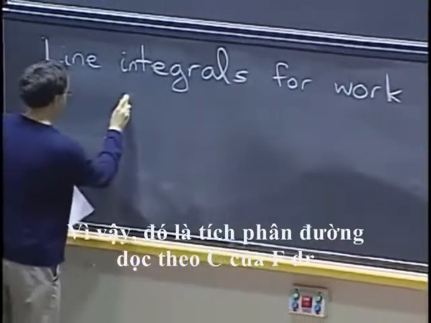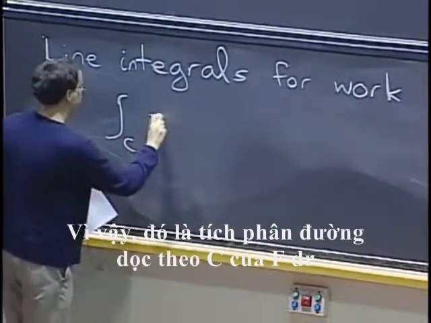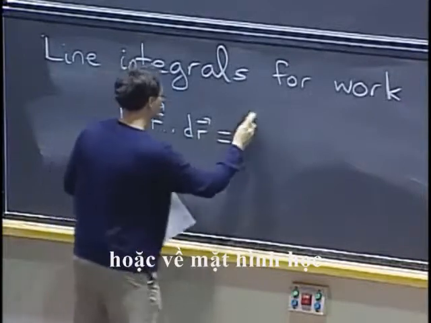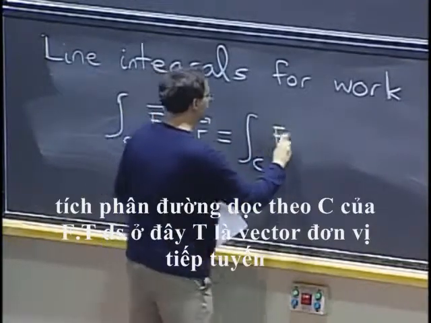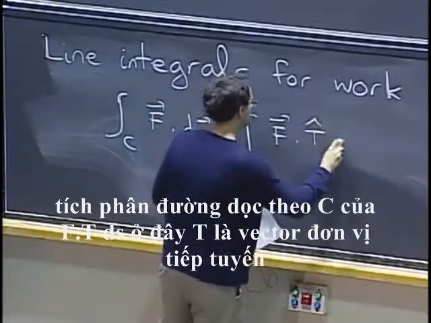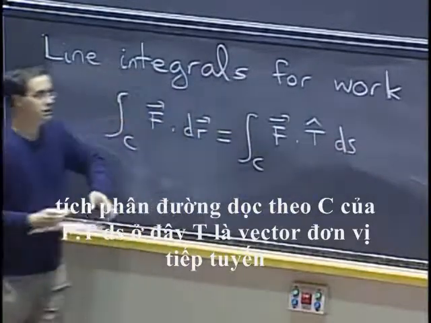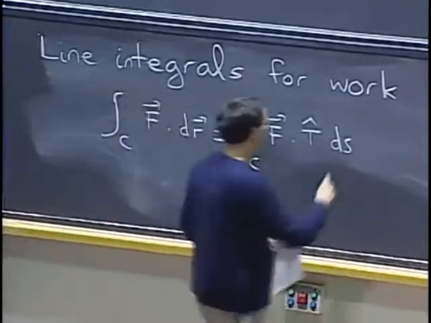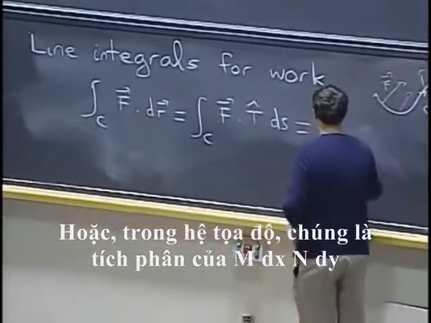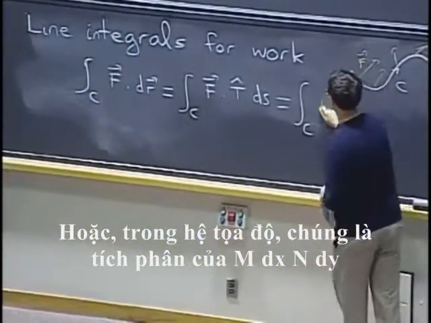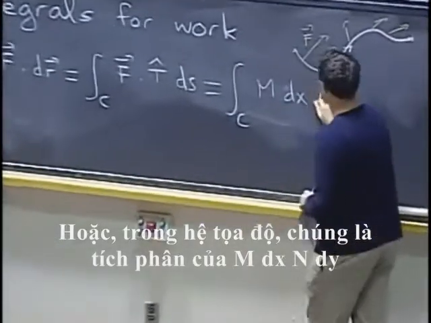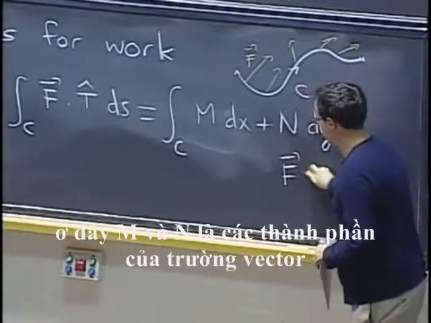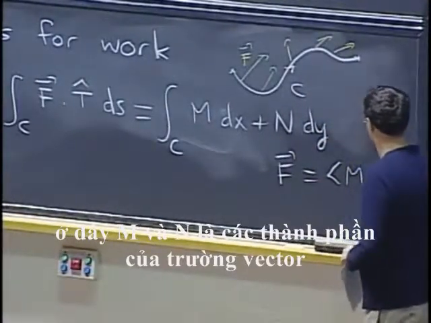So that's the line integral along C of F dot dr, or more geometrically, line integral along C of F dot T ds, where T is the unit tangent vector and ds is the arc length element. Or in coordinates, that's the integral of M dx plus N dy, where M and N are the components of a vector field.